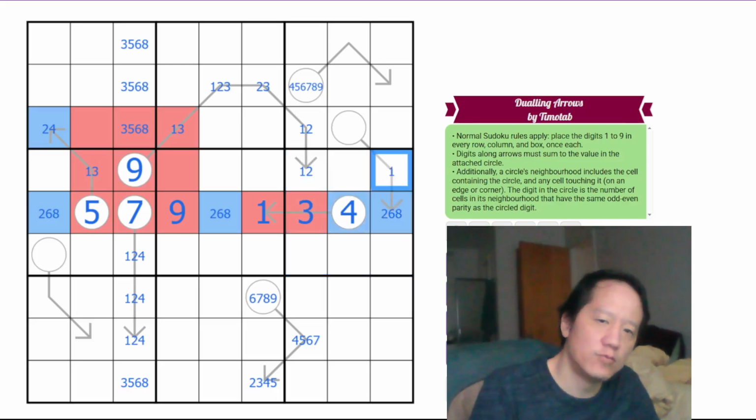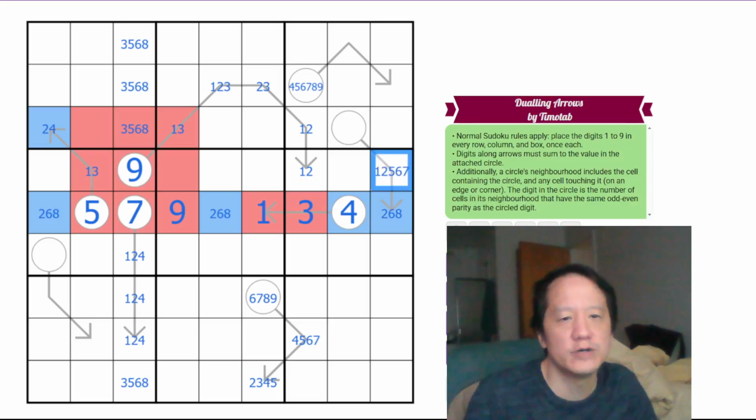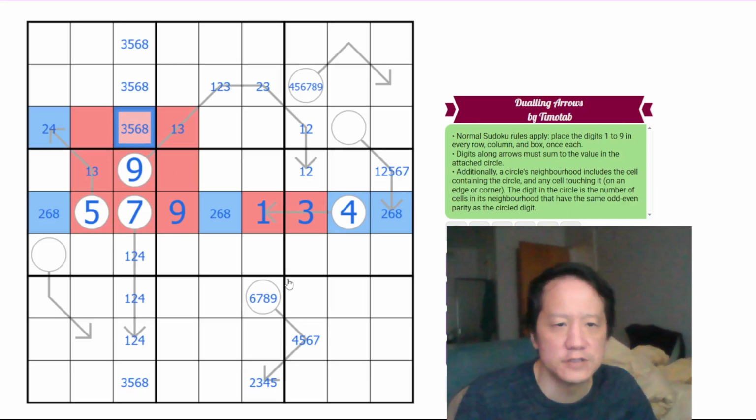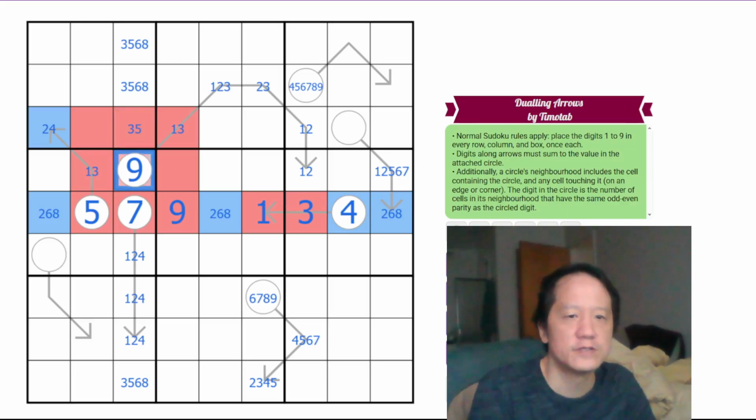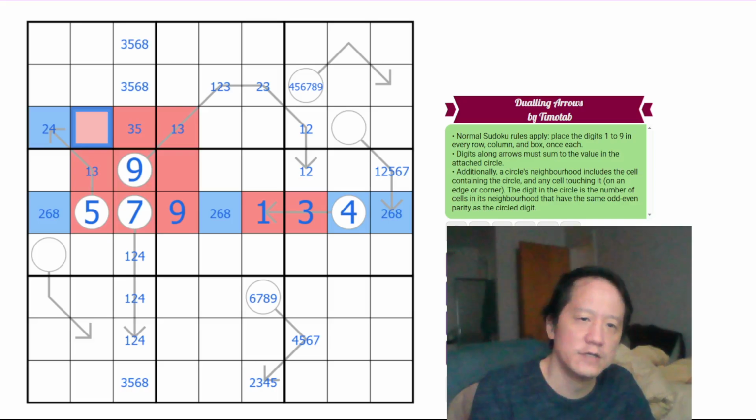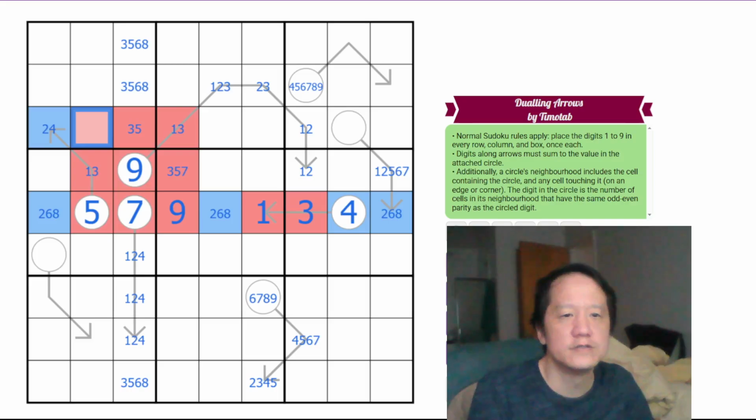This could be 1, 2, no 3 or 4, 5, 6, 7. Those are the only possibilities. This is odd, so it cannot be 6 or 8, it's 3 or 5. This is odd. It could be all of the odd digits. This could be 3, 5, or 7. This is all of them except for 5: 1, 3, 7, or 9.